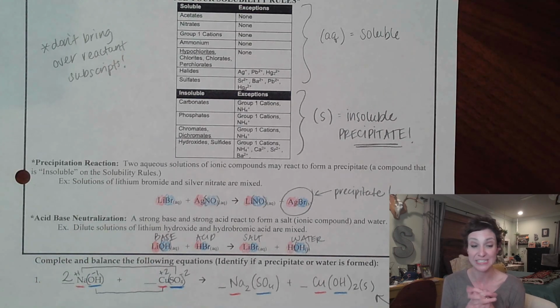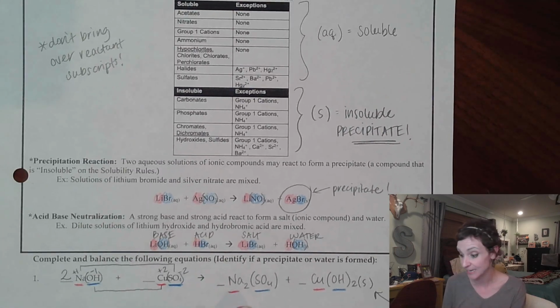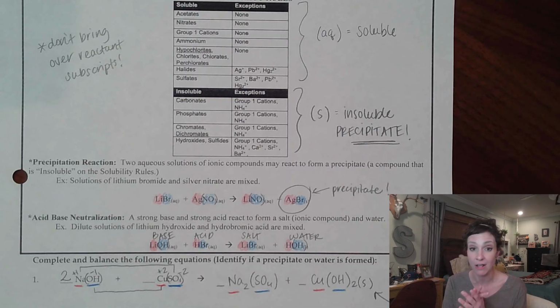The key things on my double replacements, on my crisscross, because they're all ionic compounds, is the ongoing thing of do not bring the baggage subscripts on my reactant side over onto the products. You must create brand new formulas according to what the ions are that you are now trying to join together to make these new compounds.